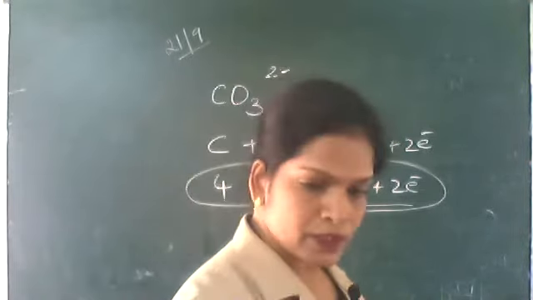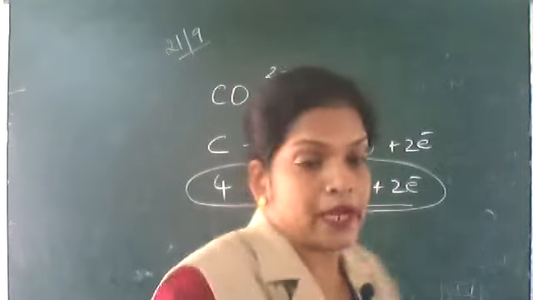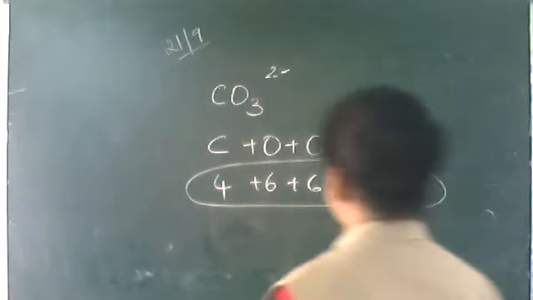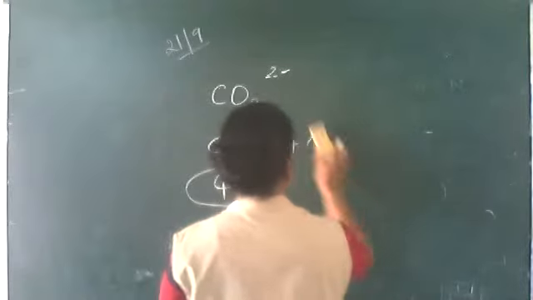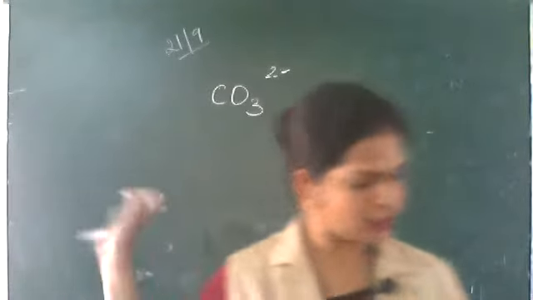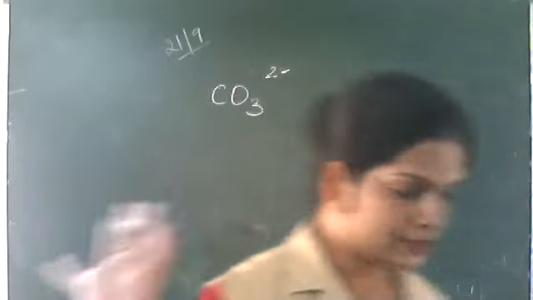Okay, these 24 electrons we have to distribute to all, to make the species, this thing, carbonate, CO3 2 minus.